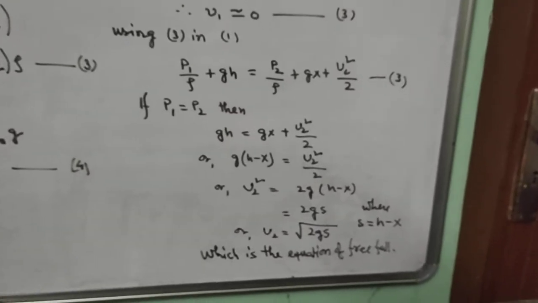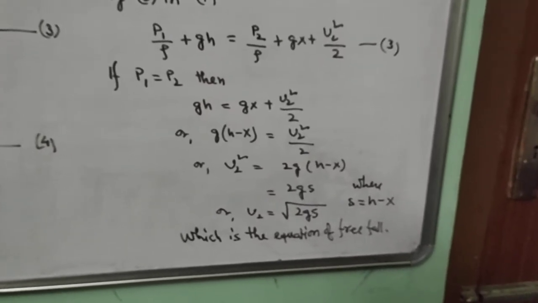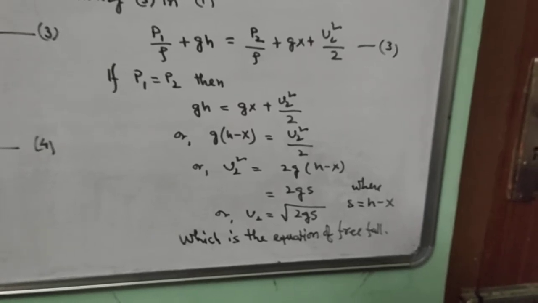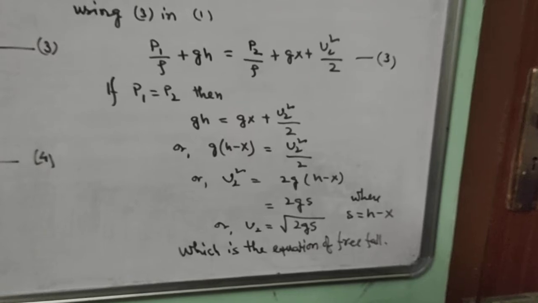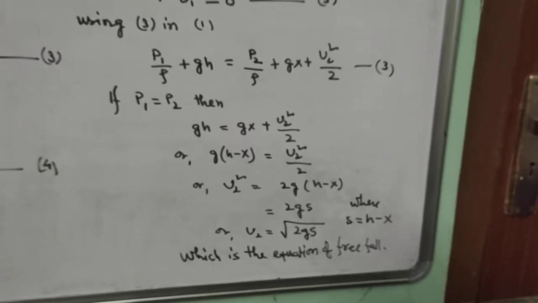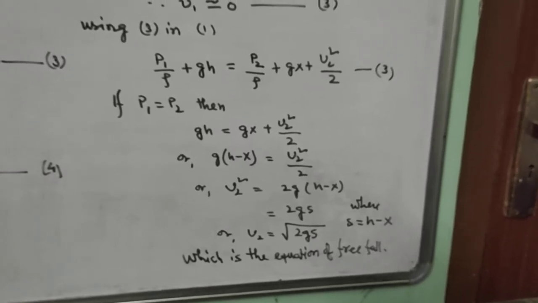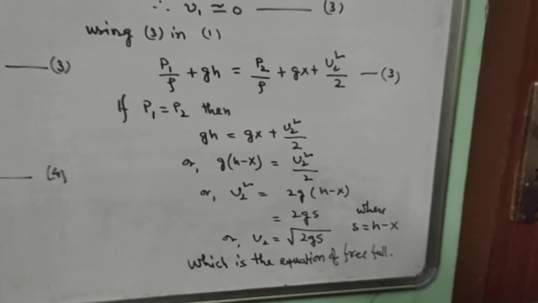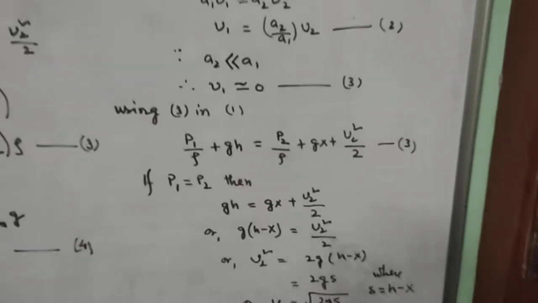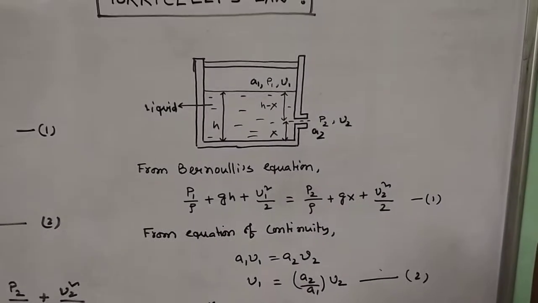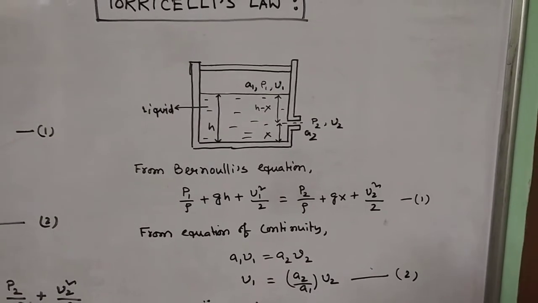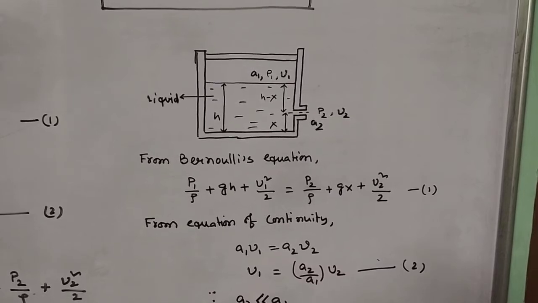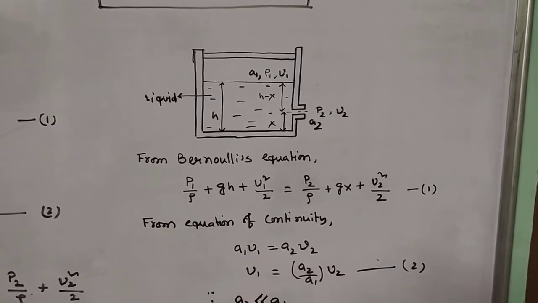Now this equation is similar to the equation you have in free fall, V square equal to u square plus 2as, or 2gs, whatever you say. It means V2 is the velocity with which the liquid comes out from the narrow opening A2, and it can be defined by the equation of free fall.